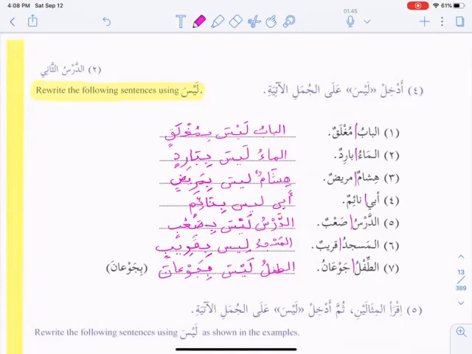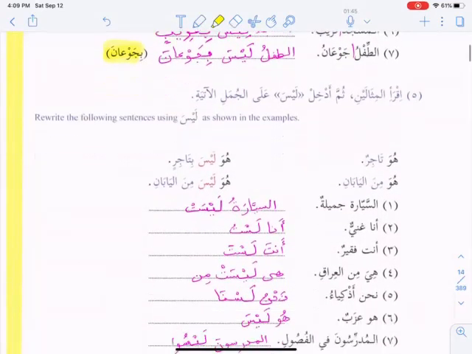Atiflu jaw'an. The little child is hungry. You say, no, he's not hungry. Atiflu laysa bijaw'ana. Why? Because this is mamnu mansab, tiptoe.